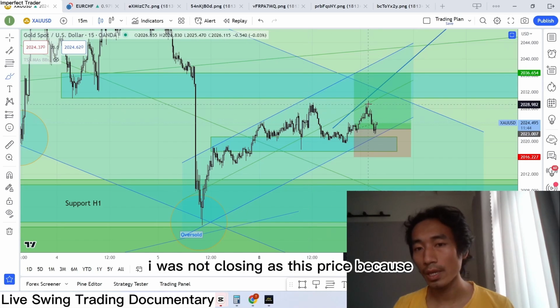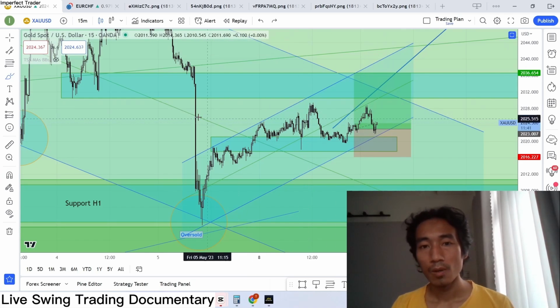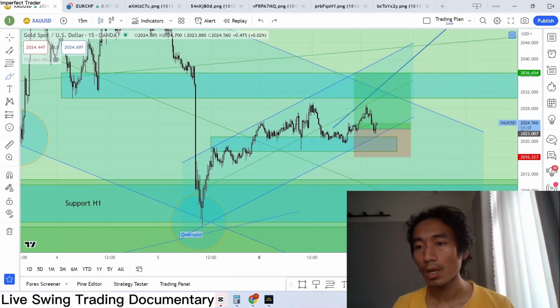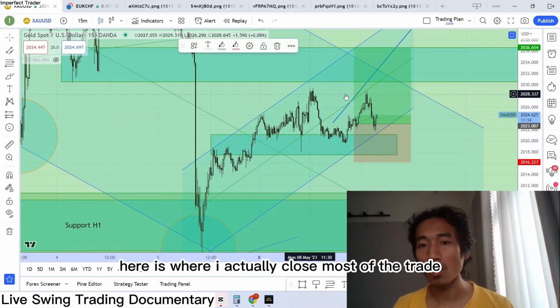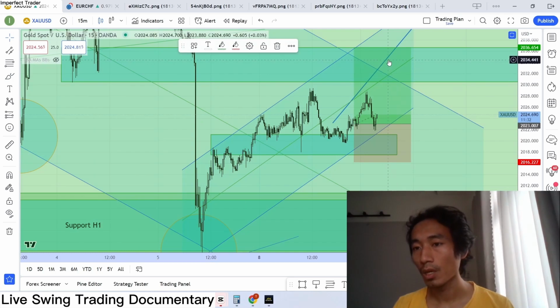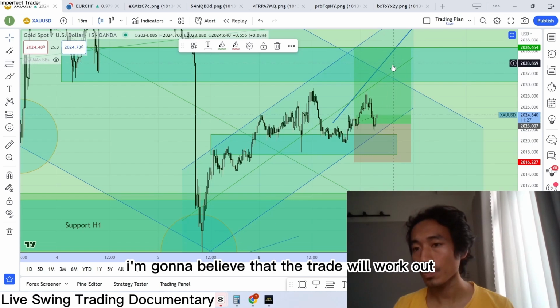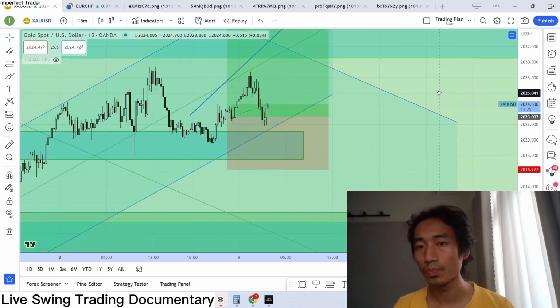I was not closing at this price because I was actually targeting this region as a short-term target. Here is where I actually close most of the trade and move stop loss to break even. Before then, I'm gonna believe that the trade will work out.